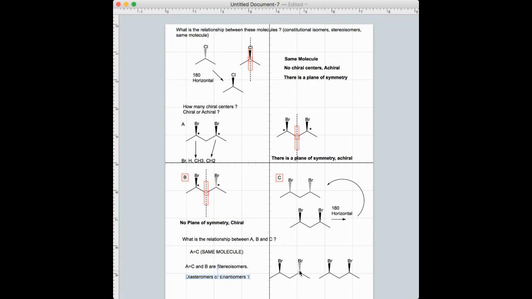Clearly, they are not the mirror image of one another. So these two molecules will be basically diastereomers. Why? Because they are two stereoisomers that are not the mirror image of one another. They are diastereomers. Therefore, we can tell that they have different physical and chemical properties.